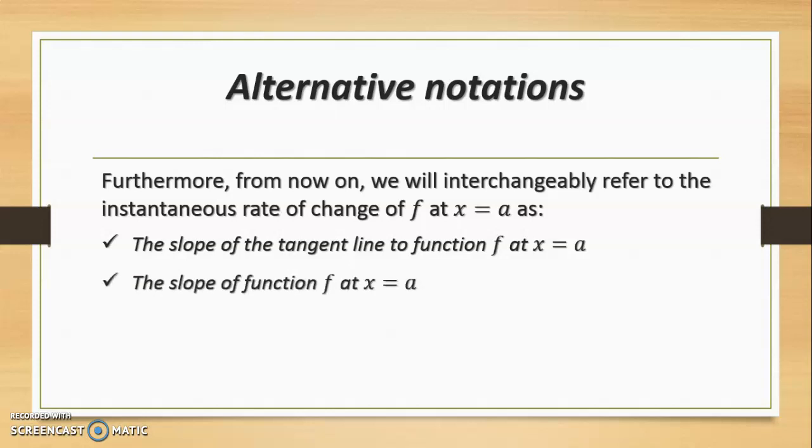Sometimes we even cut short and say it's the slope of the function f at x equals a, which will obviously change as soon as we move to another point. More and more, we're going to use the expression the derivative of f at x equals a to represent this instantaneous rate of change. So those are all appropriate ways of expressing the same idea.